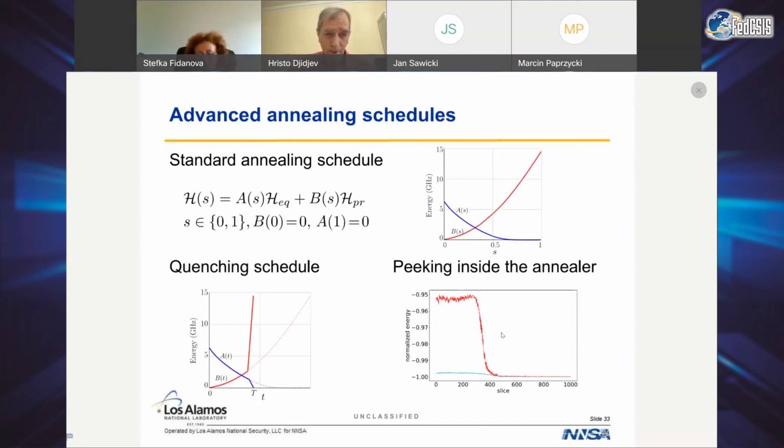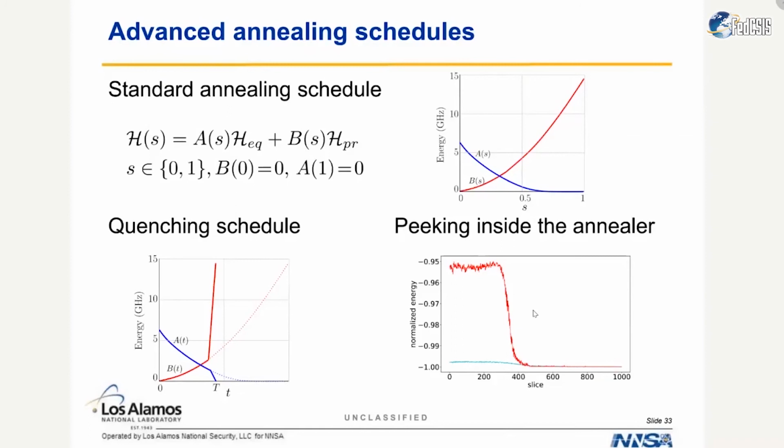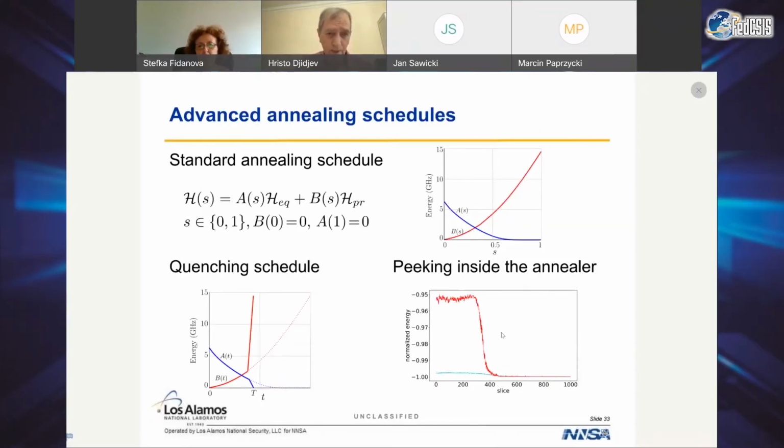So as I mentioned, we cannot print from the anneal. Let's see what happens at time 1, time 2, and so on. So the only thing we can observe is what results we get at the end of the annealing. But using the quenching, actually, we can kind of stop the annealing at some point, print the result, and then produce slices of the anneal process at each time of interest, and then put those slices together and get a picture like the one on the bottom right that shows how the energy changes during the anneal.